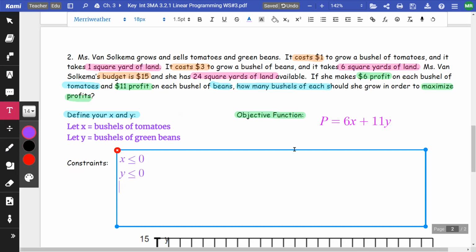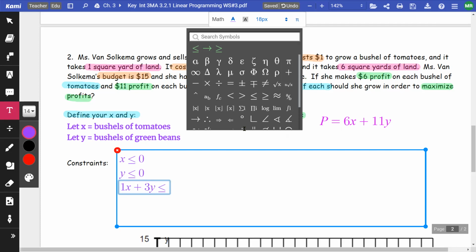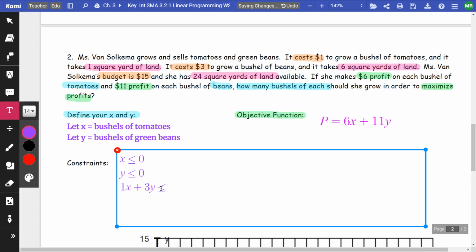So let me write those. So if I'm dealing with the cost I know I'm going to have 1x plus 3y is less than or equal to 15. Now I could rewrite that.